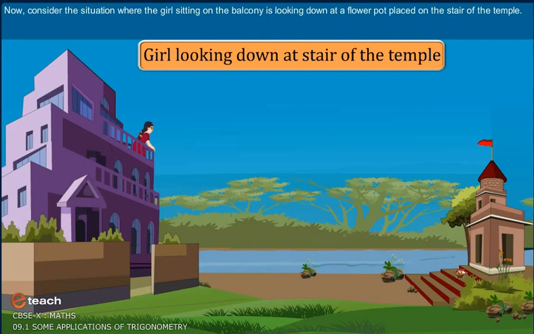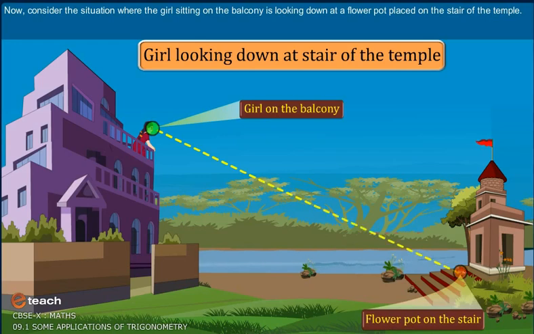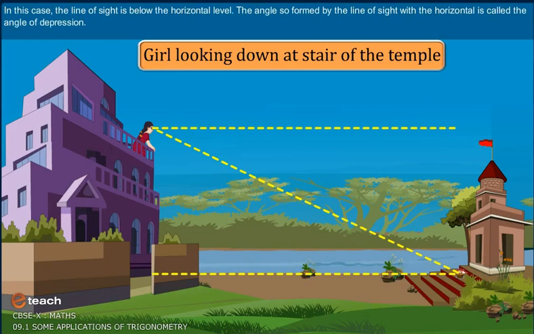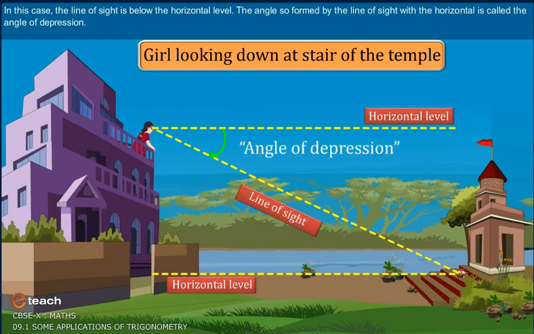Now, consider the situation where the girl sitting on the balcony is looking down at a flower pot placed on the stair of the temple. In this case, the line of sight is below the horizontal level. The angle so formed by the line of sight with the horizontal is called the angle of depression.